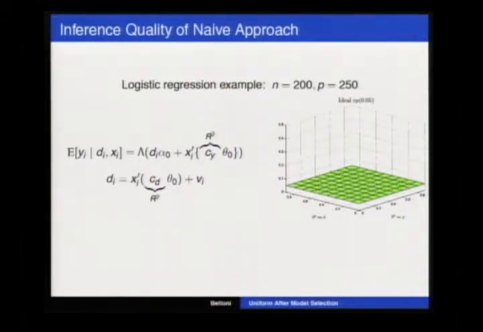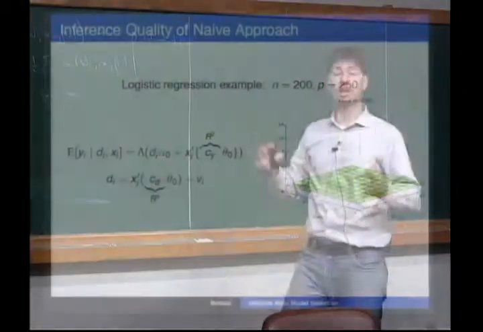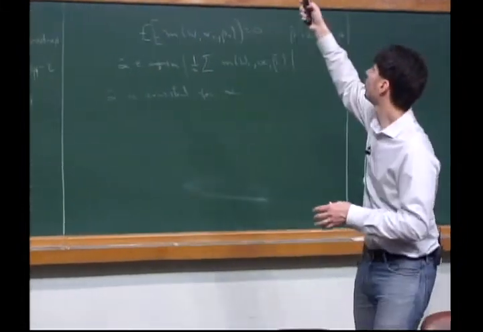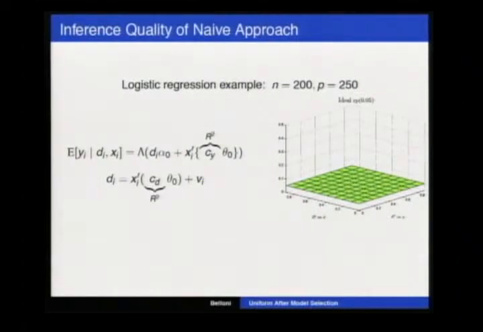You should think, each point here corresponds to a configuration of some cy and some cd, that would define a data generating process. I could build confidence intervals applying this method and see the coverage. Ideally, if I'm building a 95% confidence interval, that rejection probability should be 5% everywhere, for all possible data generating processes.